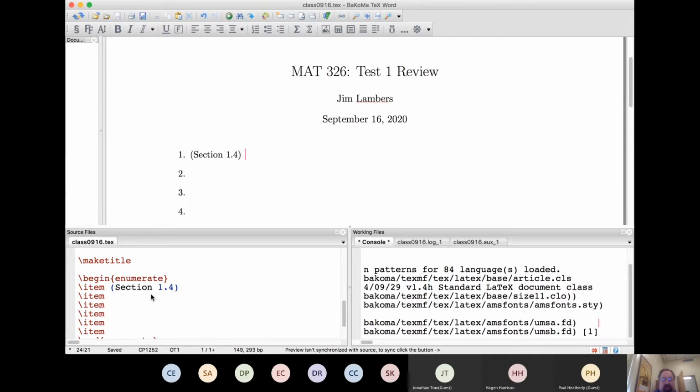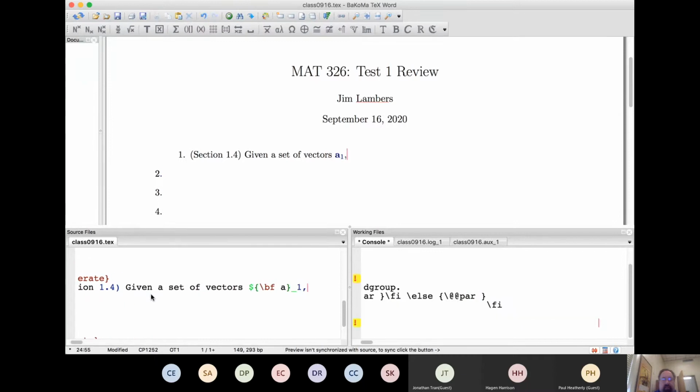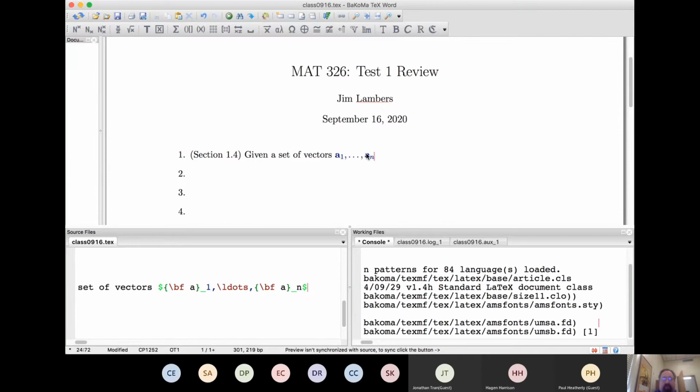So, given a set of vectors A1 up to AN, or it may be given to you as a set of vectors, or maybe you're given a matrix, and then we're talking about the columns of a matrix.